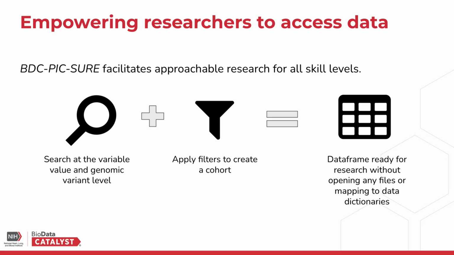The tool facilitates approachable research for all skill levels by allowing researchers to search at the variable value and genomic variant level, to apply filters on these variables to create a cohort, and eventually export this information into a data frame that's ready for research. You can do all of this without opening any of the raw data files or mapping to data dictionary files.